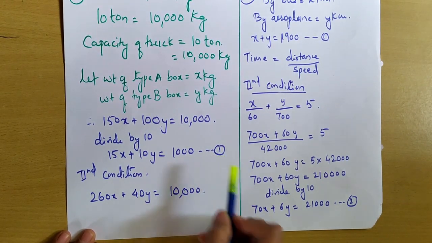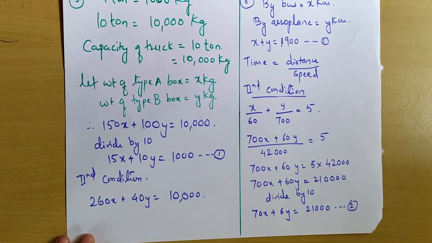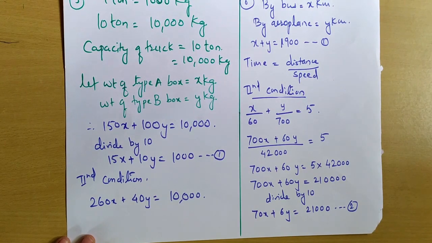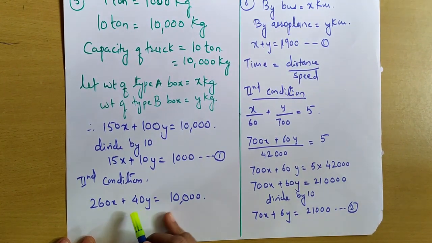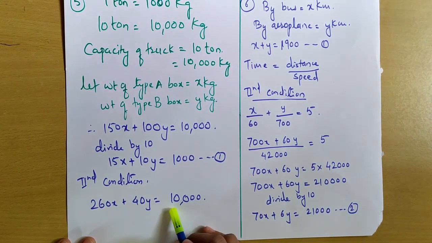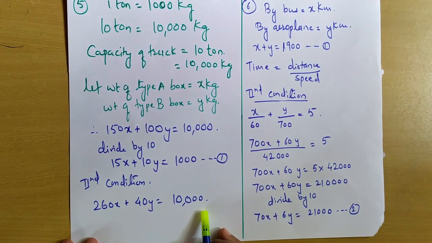Equation number 1. Second condition, when 260 boxes of type A, that is 260x, plus 40 boxes of type B, means 40y, is equal to 10,000. Again it will be equal to the same 10,000 kg.